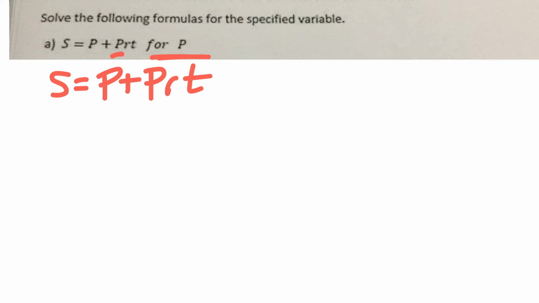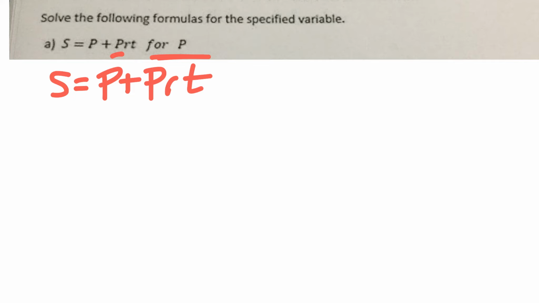Now what? Now there's an RT with this P. That didn't help a lot. I moved the RT from one P to the other P. Right? So this is one of those problems.